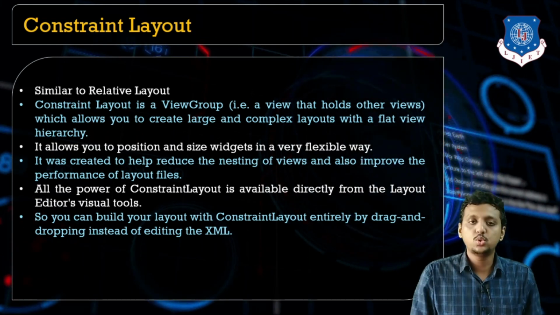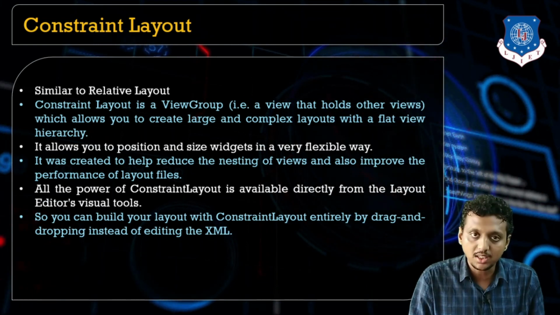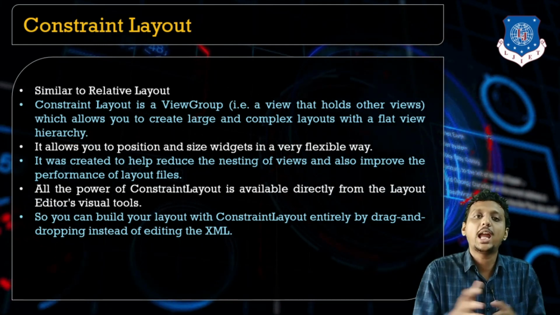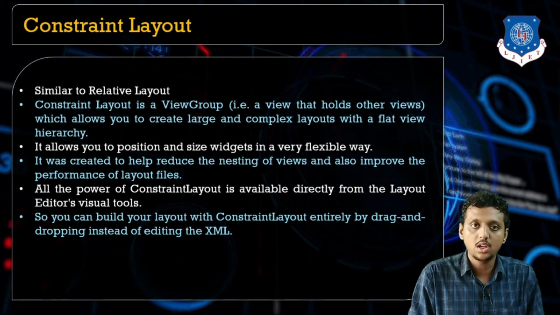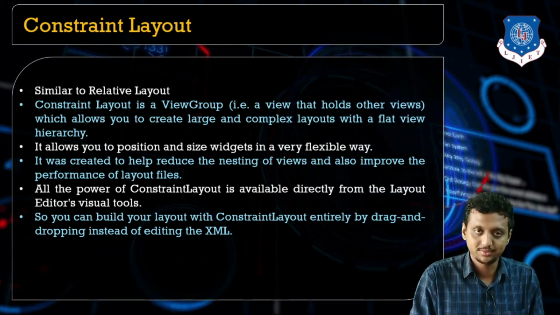So in the constraint layout, we mostly focus on the design part. We just use the design part to drag and drop the view components instead of focusing on direct code. Okay.